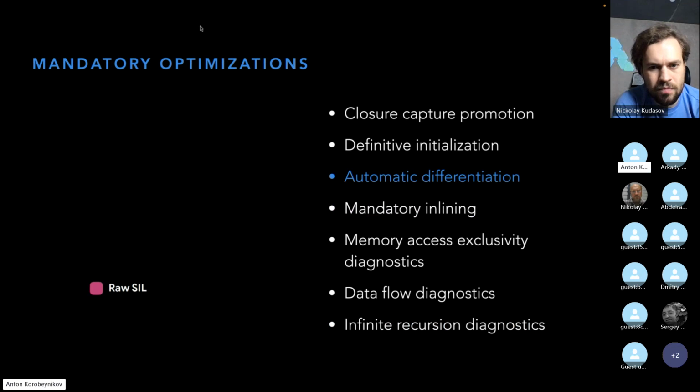All right. What we have here is that the automatic differentiation transform in the compiler is just another mandatory SIL pass, meaning that it operates on the intermediate representation inside the compiler. It runs as part of the standard compilation pipeline.